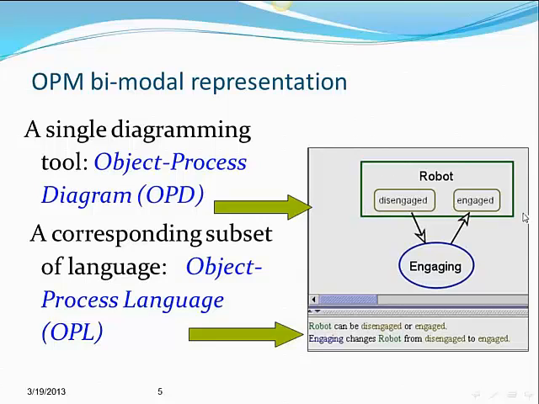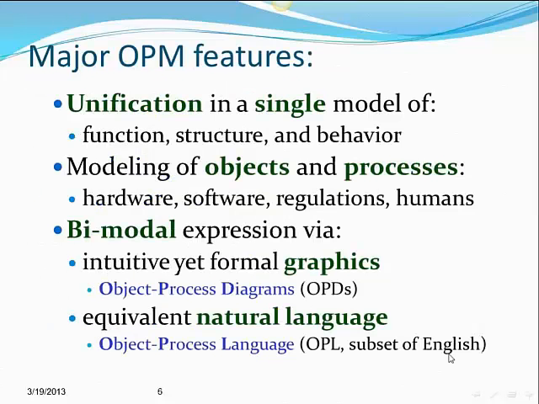So for example, here we have an object called robot with two states, disengaged and engaged, and there is a process of engaging which takes the robot in its disengaged state and changes it to engaged. And this is exactly what is shown in the automatically generated text here. Robot can be disengaged or engaged, and engaging changes robot from disengaged to engaged.